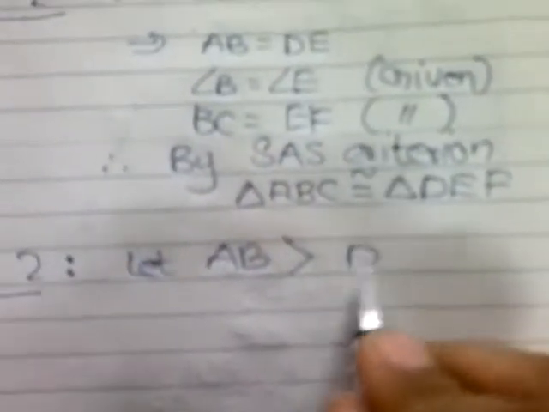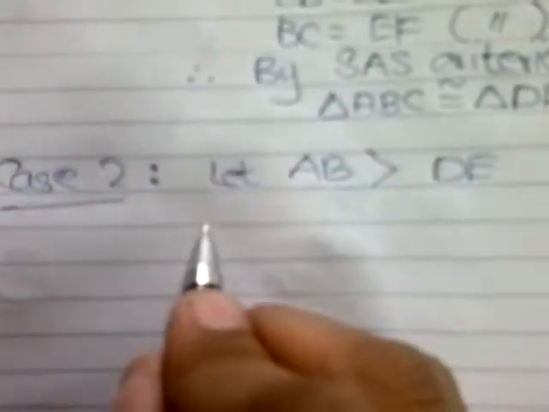Let us consider, let AB be greater than DE. Okay, now we'll prove that triangle ABC is congruent to triangle DEF. Let AB be greater than DE. So we can draw the two triangles actually again.